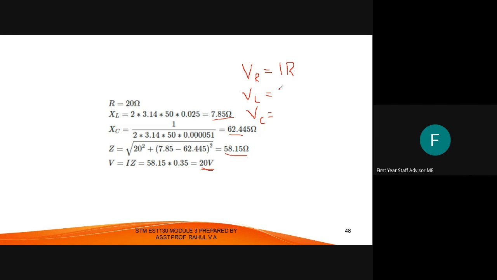Then VL is nothing but I into XL, and VC is I into XC. If you multiply these, you will get the voltage across each component. Okay, that is the complete answer.